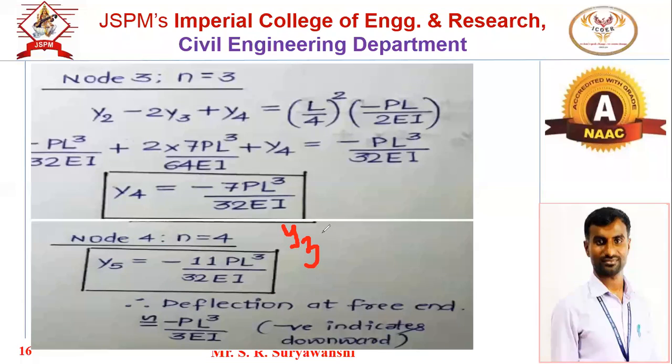Correct. Y3 minus next term, 2y4. Good. Next plus y5. Correct. Very good. That is equal to h square, that will be L by 4 square. Next, into M by EI for node number 4. What is M4? PL upon 4EI. Correct. Very good. So it will be PL by 4 EI.